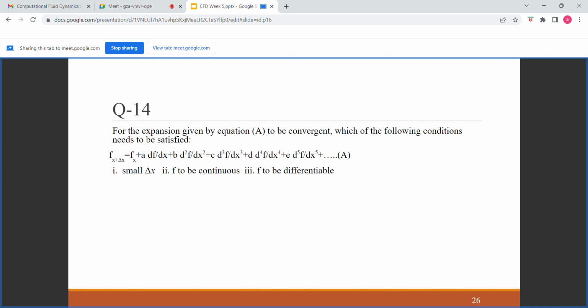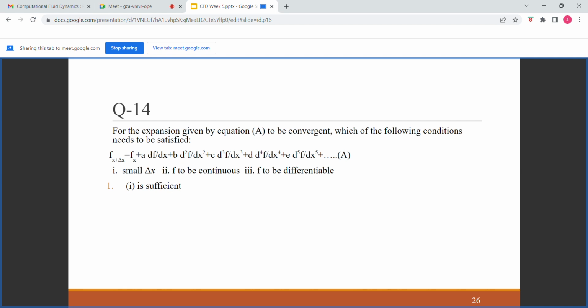All three, small delta x, f is continuous, f is differentiable, need to be satisfied to get into the convergence criteria. For the equation to be convergent, we need all three.